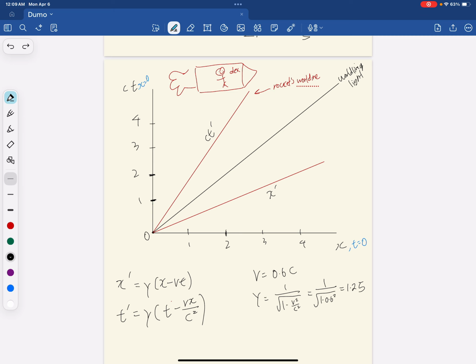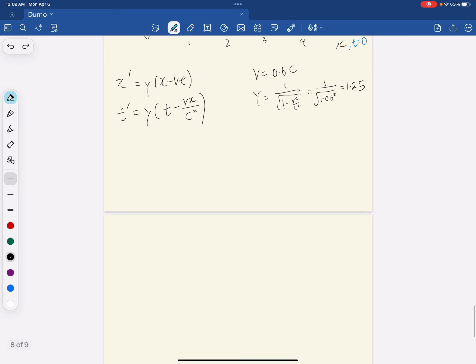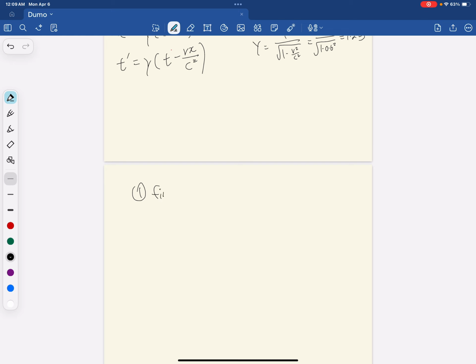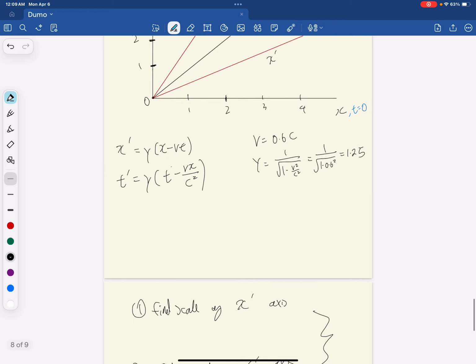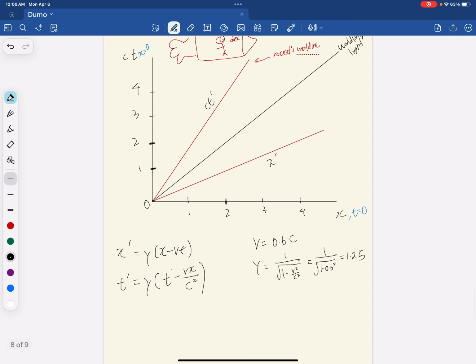So just to clarify, our first step, find scale of x primed axes. Second, find scale of t primed axes. But these two steps are gonna have some mini steps within them, and this is gonna be quite similar, and it's pretty intuitive. So first, let's find the scale of the primed x-axis.